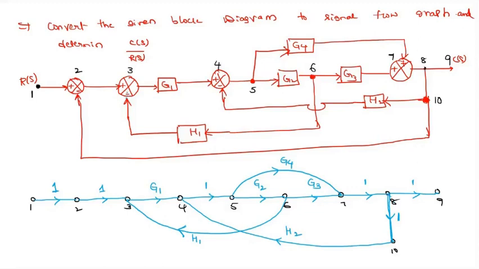If the direction is always from input towards the output, that is the feed forward path. If the signal is passing from the output back to the input side, that is called feedback. Here the output is at 9. From the output it is coming back to the summing side, that's why it is feedback. Is it clear? Go on.